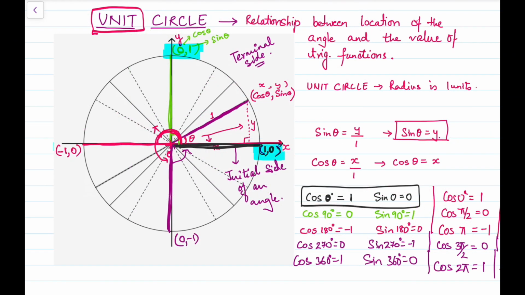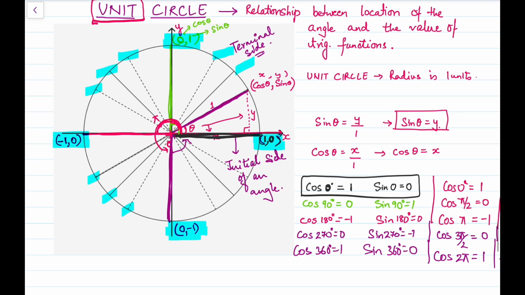So far we have got the values of 0 degrees, 90 degrees, 180 degrees, 270 degrees, and 360 degrees. Now let's start and find the coordinates of these missing points as well. Make sure you remember that the first point is cos theta and the second point is sine theta, because that's going to be used quite a bit.